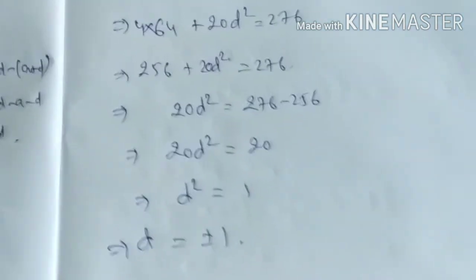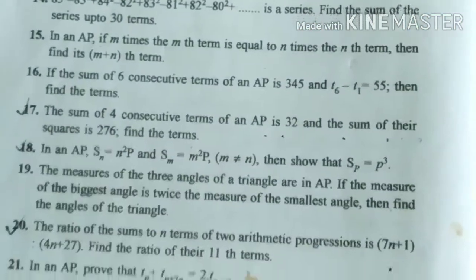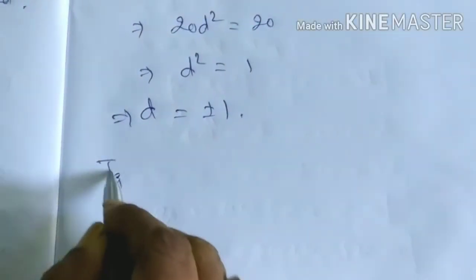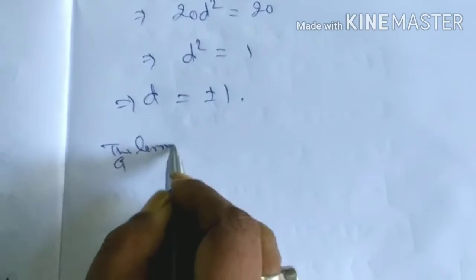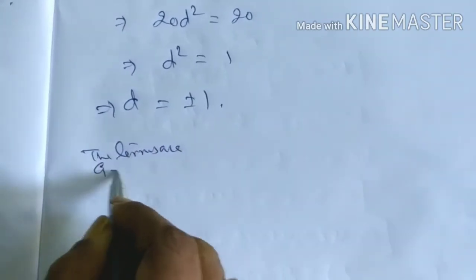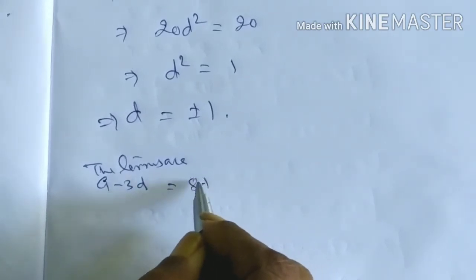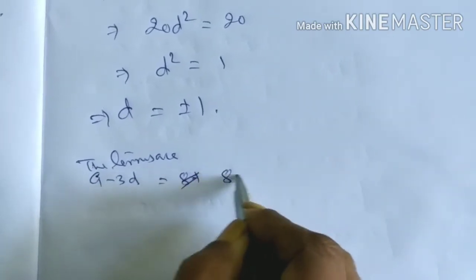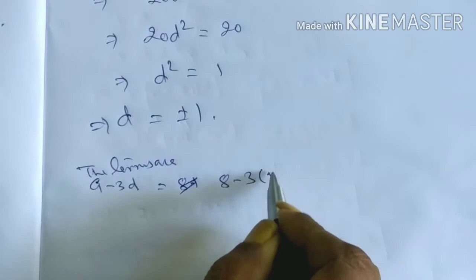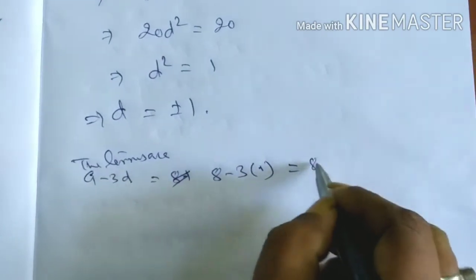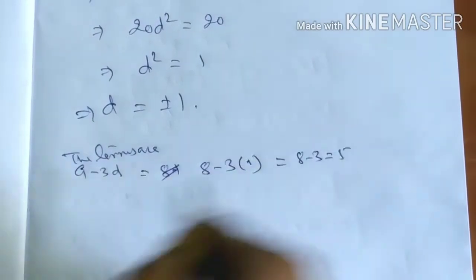Now here the question is to find the terms. So the terms are a minus 3d, that is 8 minus 3. First of all, I am taking the plus 1 value. So it comes out to be 8 minus 3, that is equal to 5.